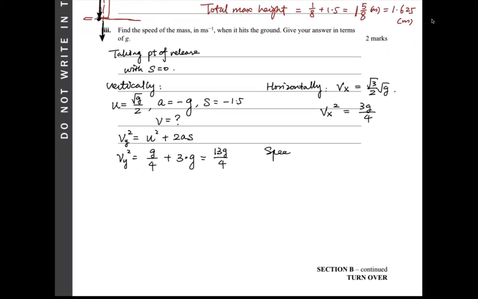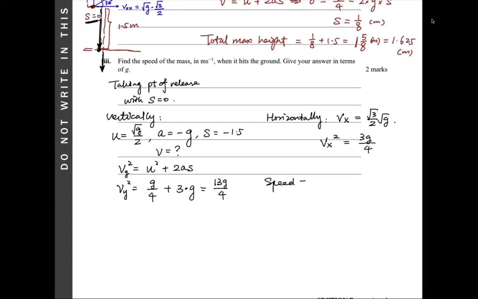So the speed is equal to the square root of Vx squared plus Vy squared. Remember, when it's hitting the ground, this is the Vy component. And horizontally, it remains the same velocity. By the vector triangle, we should be able to get the V hit the ground, okay?